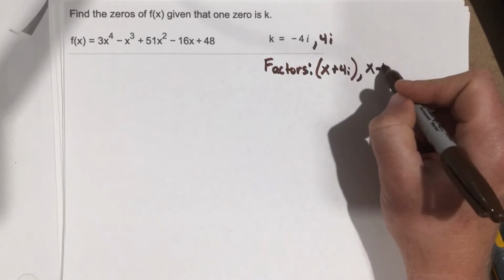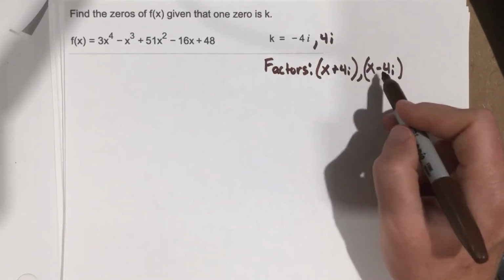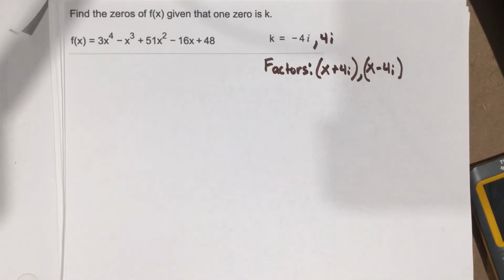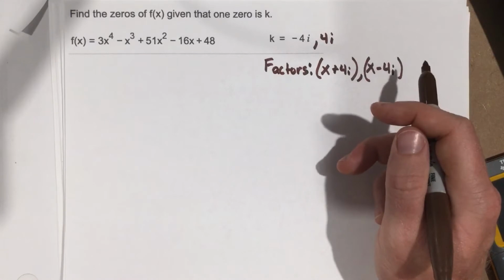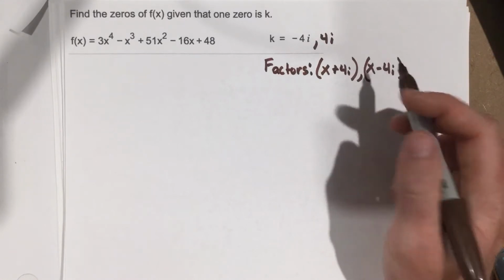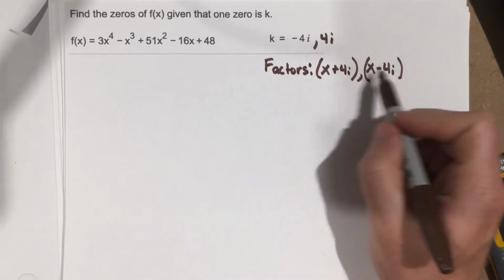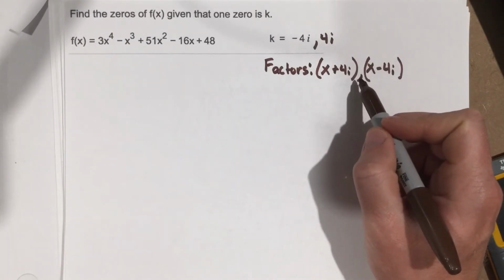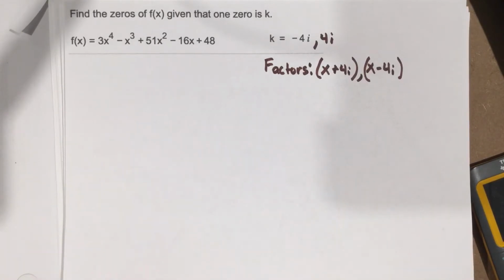And you can see they're conjugates of each other, and that comes back to our conjugate zero theorem, that if you have one imaginary zero, you're going to have a second. So now let's take these two factors and multiply them together, and then we're going to do some division to break this down and find the other two zeros.